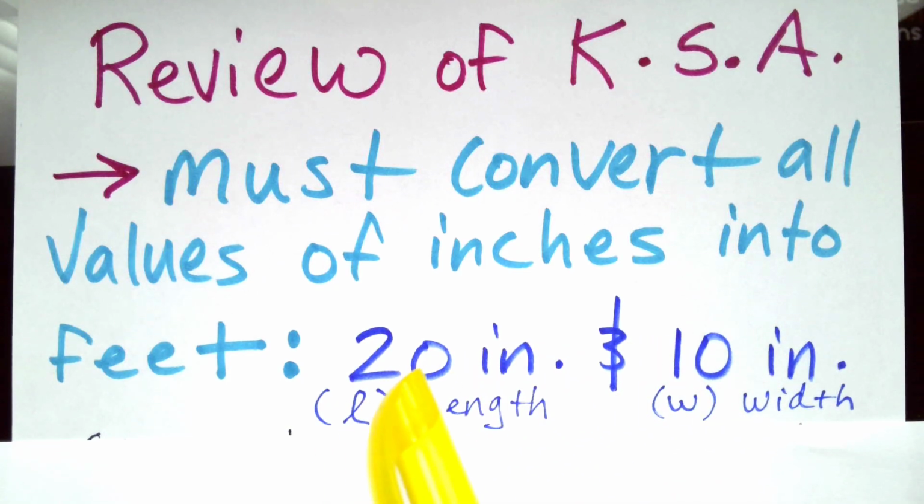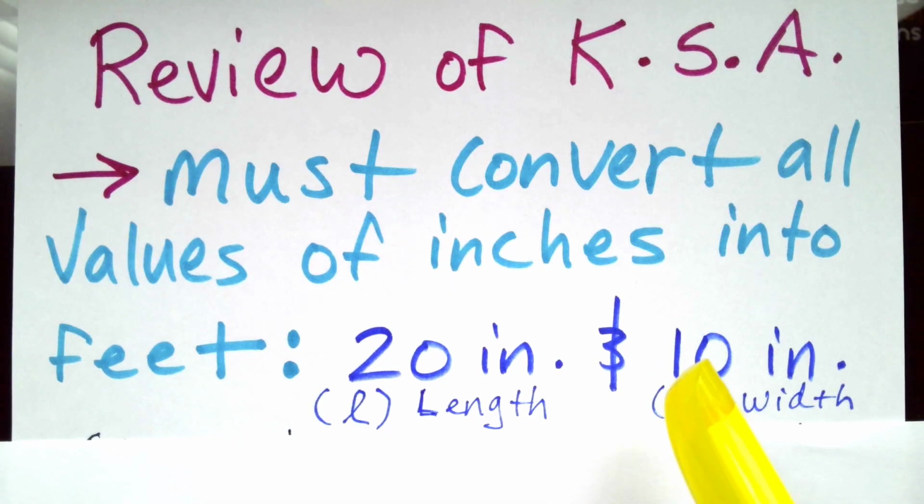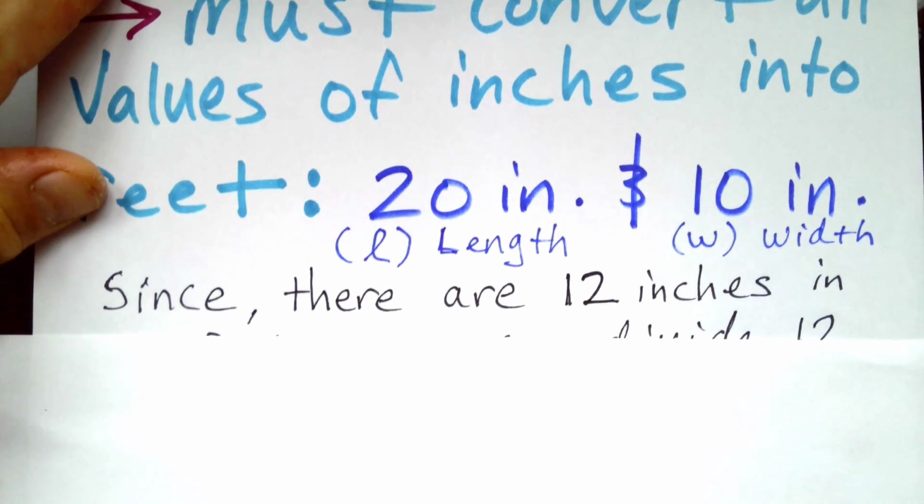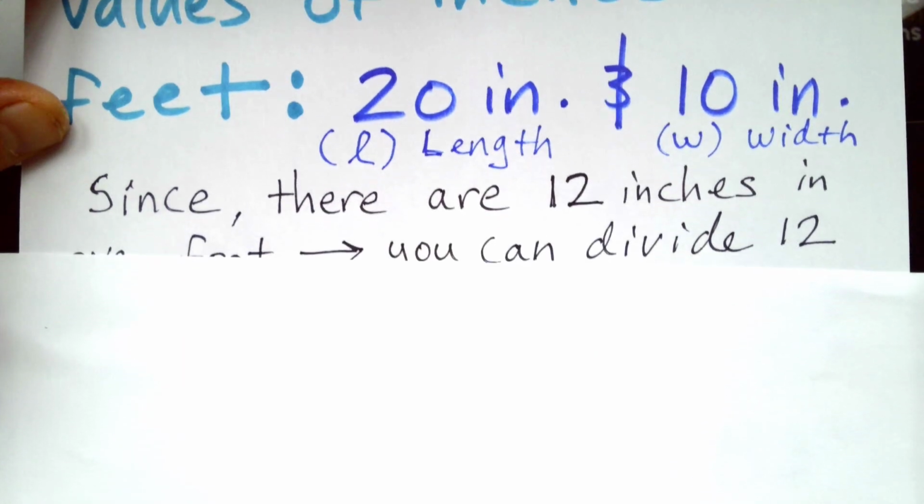So I'm going to explain this by dividing 12 inches into 20 inches, and 12 inches into 10 inches, which will give you the equivalency in feet. All right, so follow along with me. I'd like to show you some of that now.